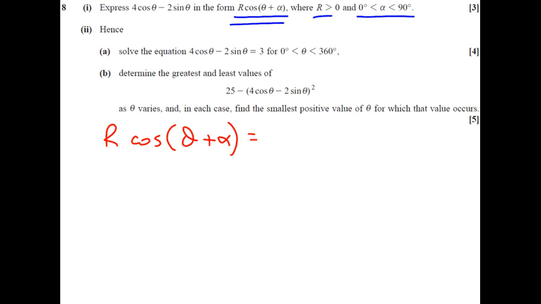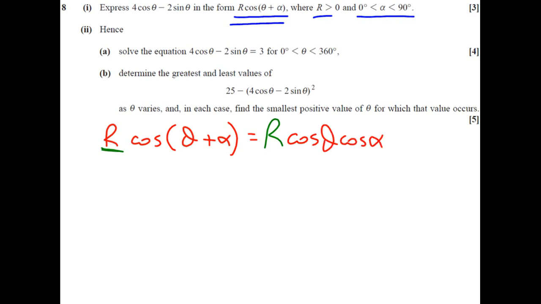Now because of this r at the front, we're going to have r times the whole thing. But because we're timesing it by the whole thing, we're effectively going to multiply in. So I'm going to put an r to be multiplied in front of each term instead. So our first term is going to be r cos A cos B, aka r cos theta cos alpha.